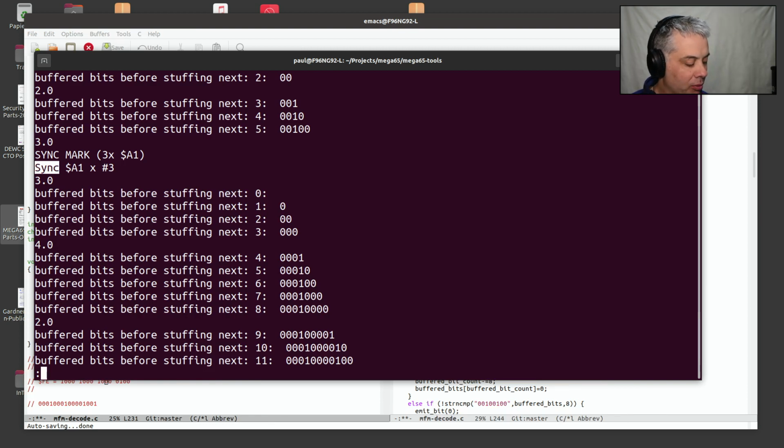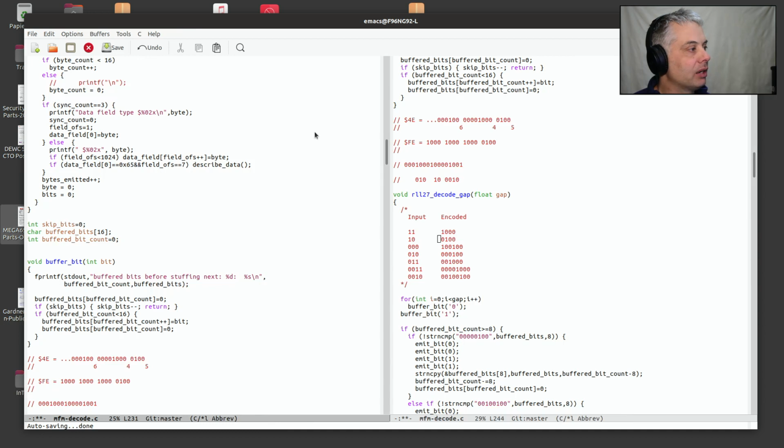And at that point, we say, right, we have a sync. So this is the gap of 2 here. And then the 1 has already been emitted. And we actually write a gap of 3 when we're writing the sync mark, I think. Let me have a look again.